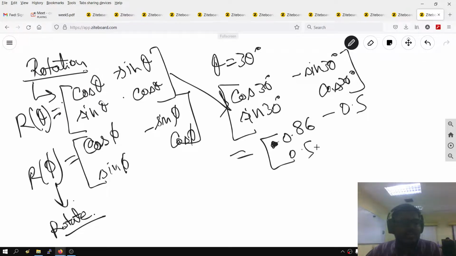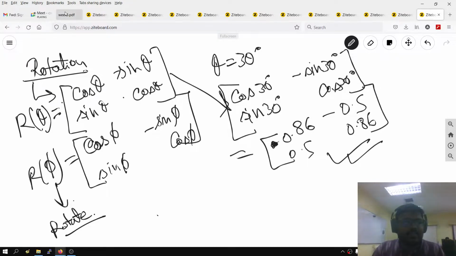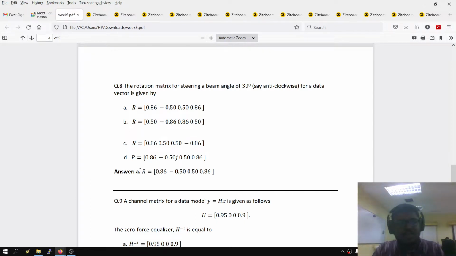This is 0.5 and this is 0.86. So the right answer is option A.